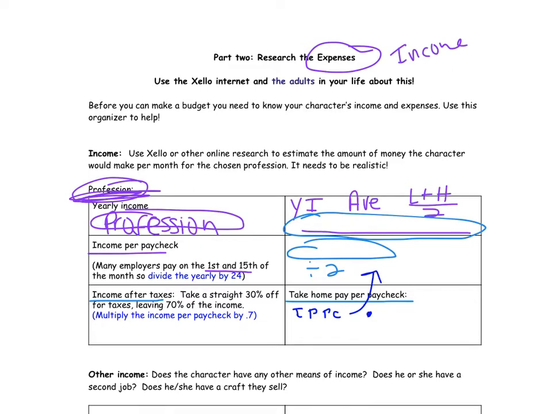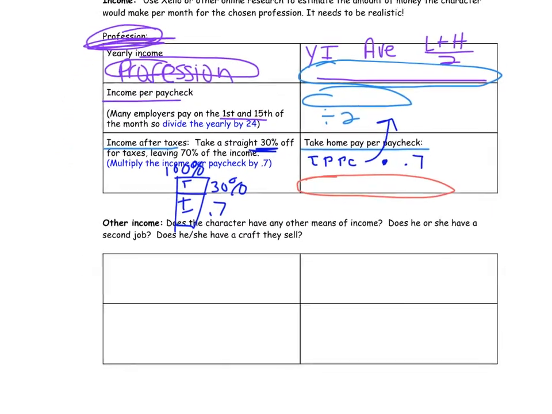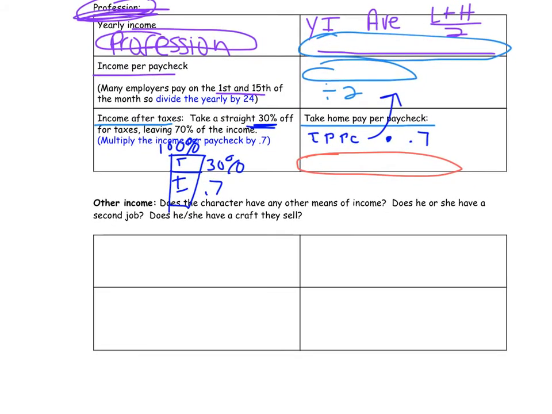The reason is if you do this and you take 30% off of the 100%, so this is taxes, what you have for your income is 70%. So you're going to multiply it by 0.7, and that will give you per paycheck. And then you're done with income, unless, of course, your person has a second income.